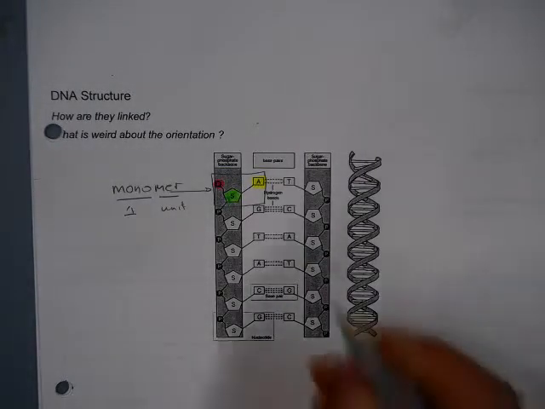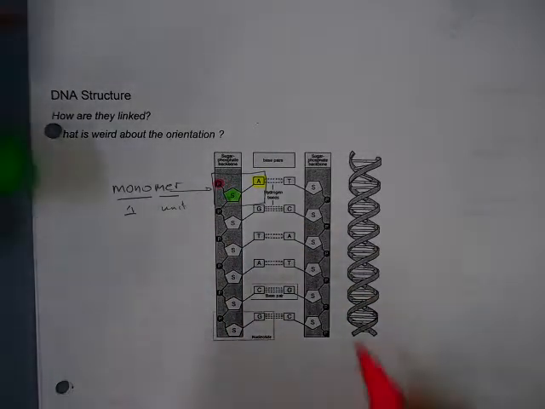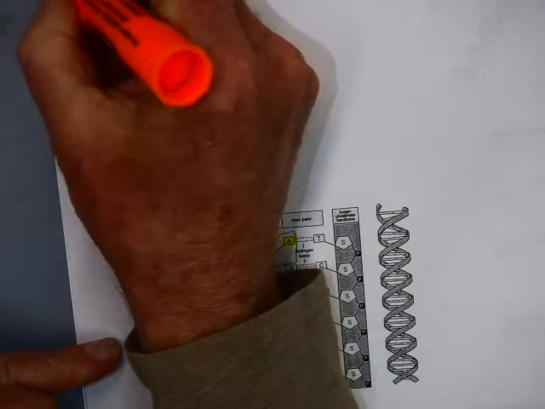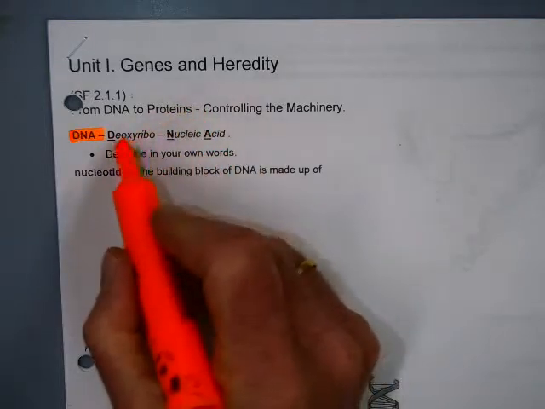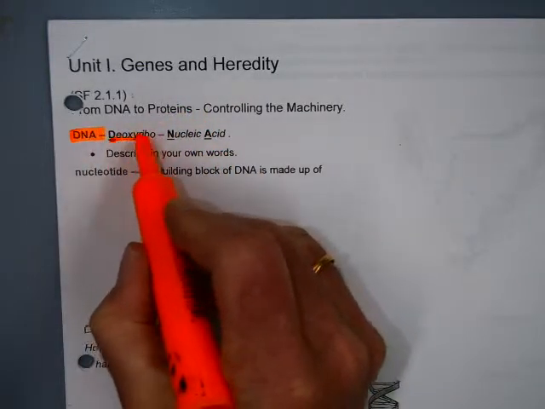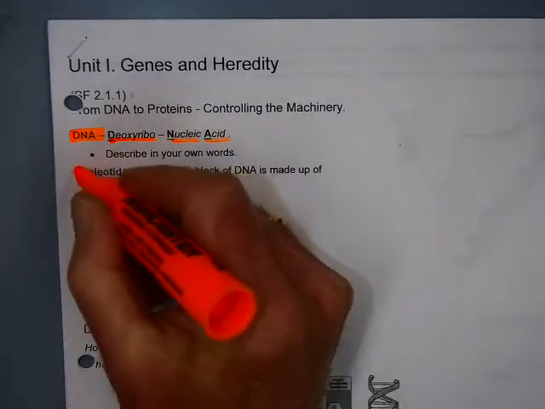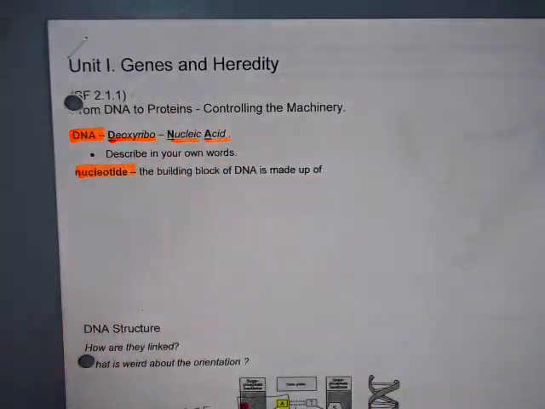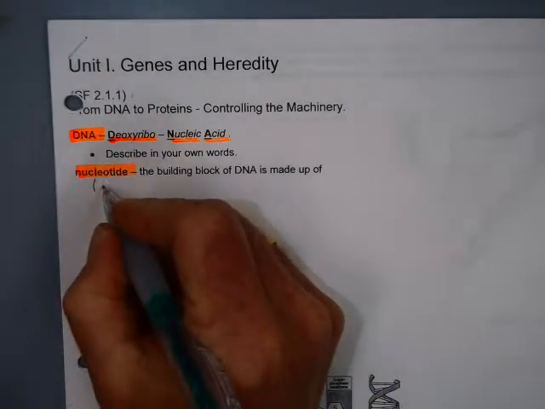So each one of these is, in fact, a nucleotide. DNA stands for deoxyribonucleic acid. A DNA nucleotide is the name we give to the monomer.